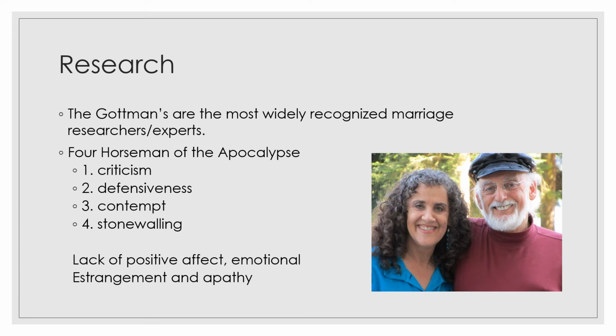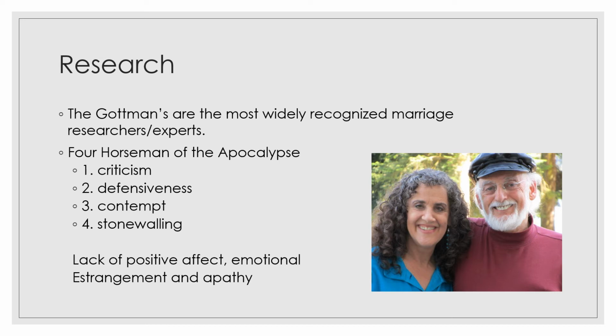When you see any one, two, three, or four of these horsemen showing up in a relationship, you'll also see signs of a lack of positive affect. There's an emotional distance or an estrangement between the two spouses, and just an apathy, a general malaise towards the partner in the relationship.